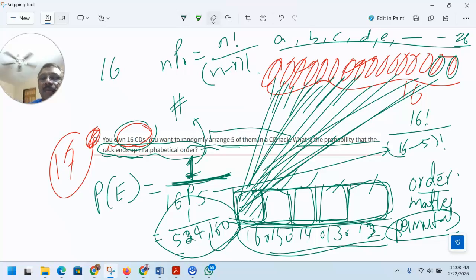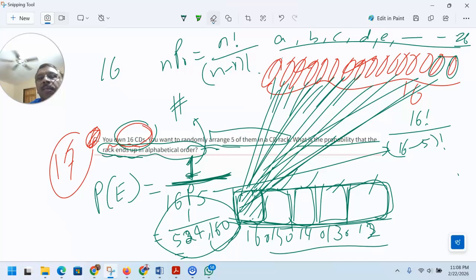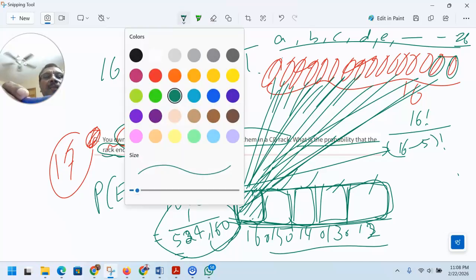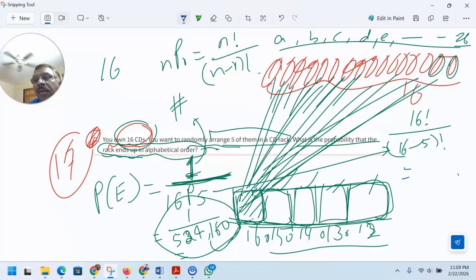And 16 minus 5 factorial, you end up getting 16, which you can go all because the bottom one becomes 11 factorial. Okay. So it will be 16, 15, 14, 13, 12, and 11.